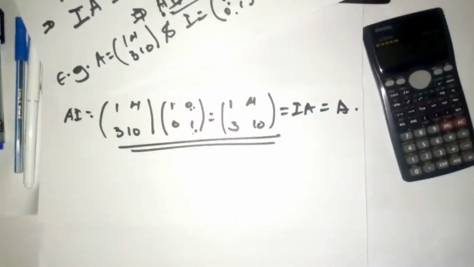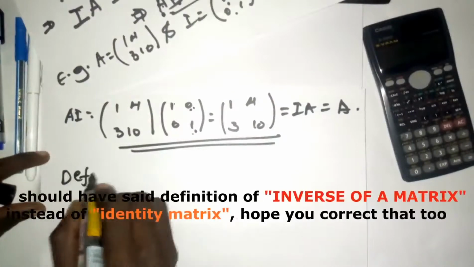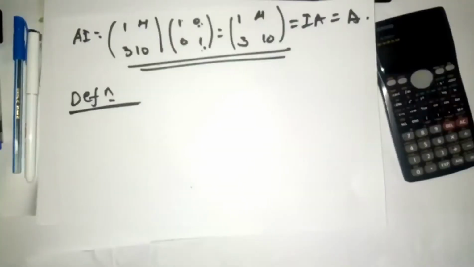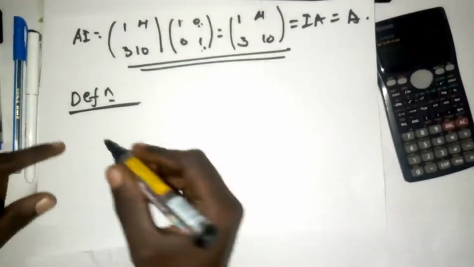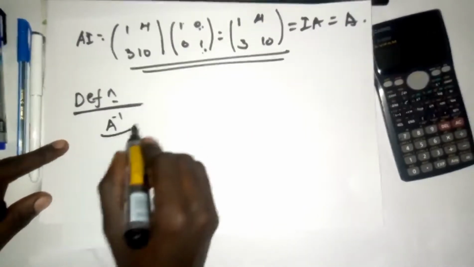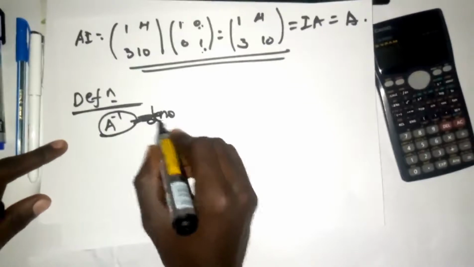So let's have a definition of the inverse of a matrix and see what it really means. The inverse of a matrix A is a matrix A inverse, or A power -1. So this is how it is denoted.